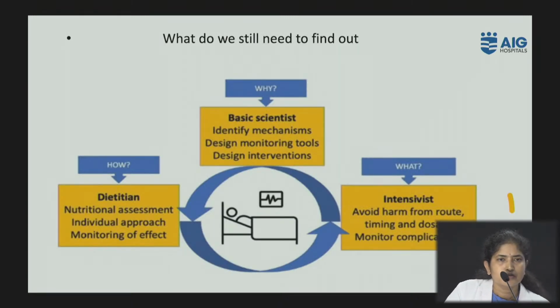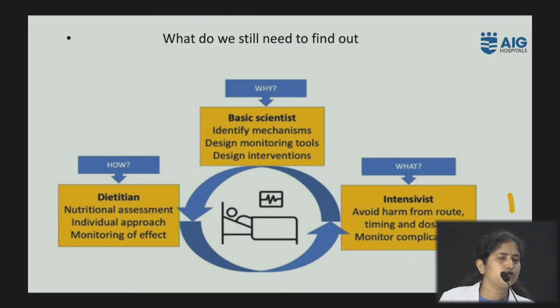So far, we focused on what we are doing and what we are trying to avoid, to do no harm to the patient. So what do we still need to find out in this arena of perioperative nutrition? We're looking at three perspectives and their own challenges in order to optimize perioperative nutrition in critically ill patients: the dietitian, the basic scientist, and the intensivist.